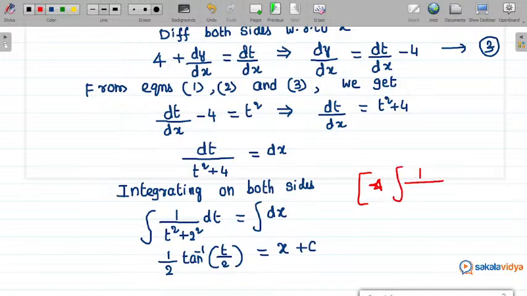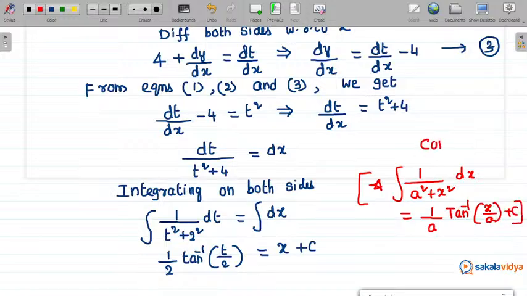Integral of 1 upon a square plus x square dx is equal to 1 upon a tan inverse x by a plus constant of integration. This is a very important concept to be remembered in order to solve this problem. I hope it's very clear to you now. Clear?